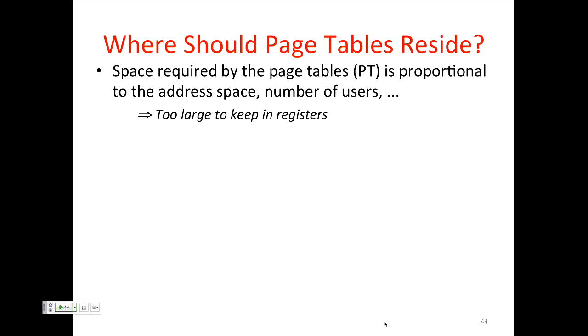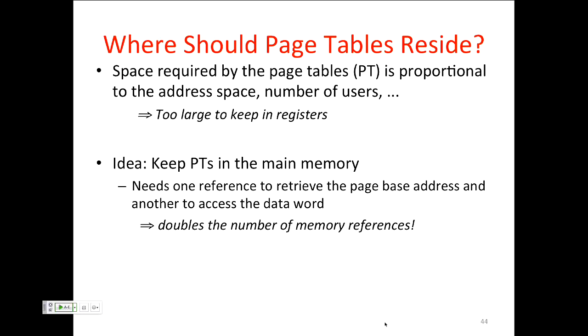So even if you have, say, 4 gigabytes of memory, and your application is only using, say, 10 megabytes of that, you would still need an entry for every single page in that 4 gigabyte space. And that is very wasteful.